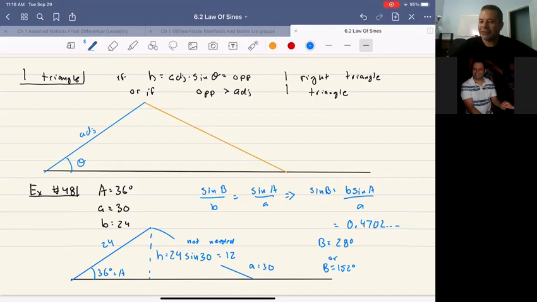Again, the angles have to correspond with the side lengths. Since side a is bigger than side b, angle A has to be bigger than angle B, so that one's out. All right, we're going to continue on the next video with one more angle side side example.